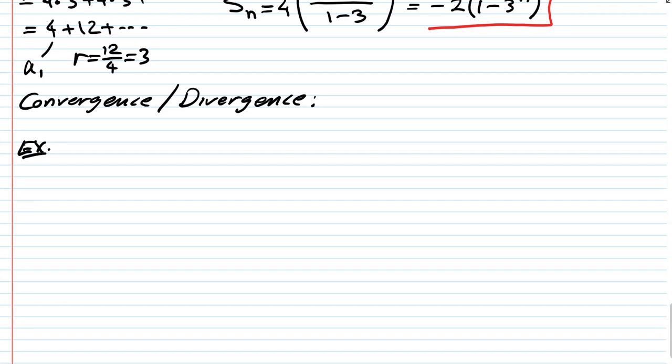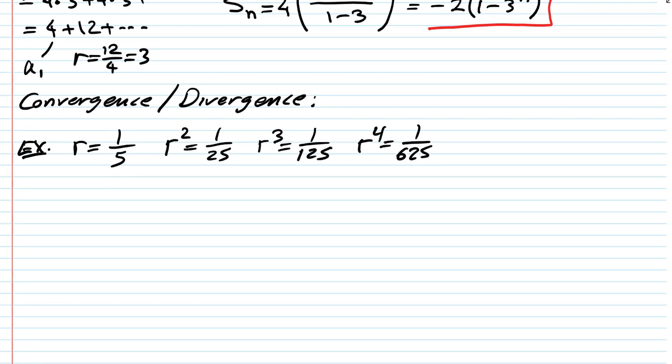Now, for example, one thing about the common ratio, by the way, r, I'm going to let r be 1/5. And then we're going to look at powers of r. So r squared is going to be 1/25, r cubed 1 over 125, and so on and so forth, right?